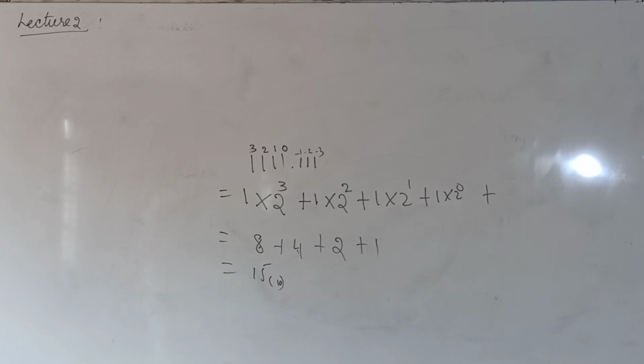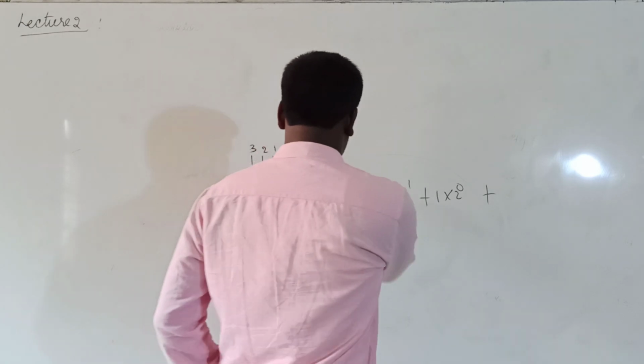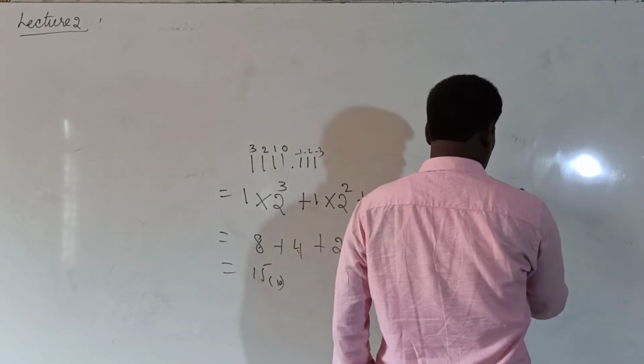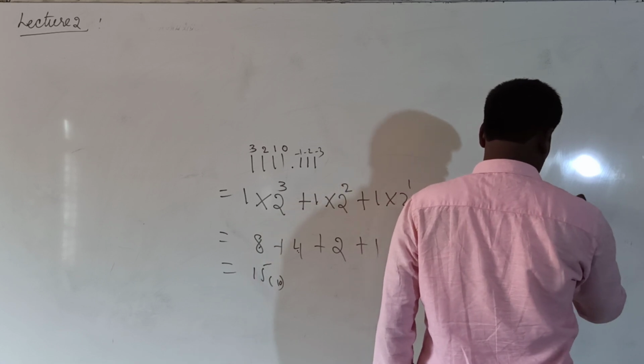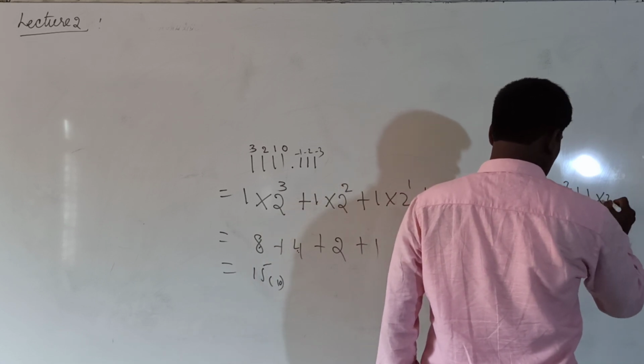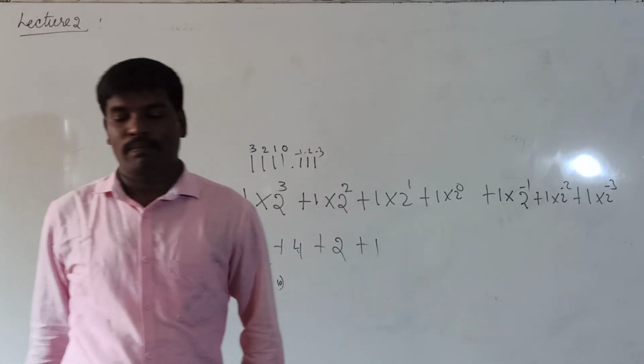Next, how to write? Here 1 into 2 raised to minus 1, plus 1 into 2 raised to minus 2, plus 1 into 2 raised to minus 3.